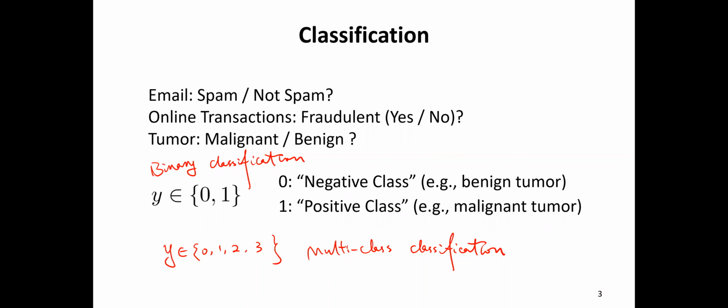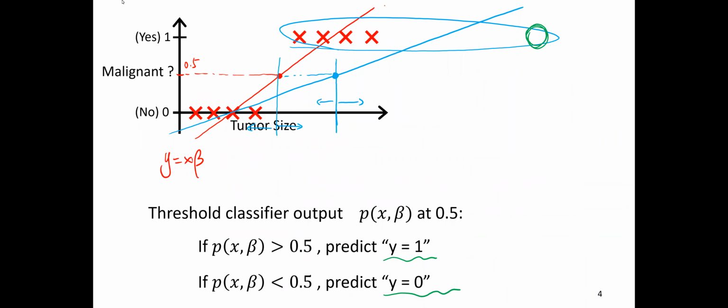Now let's move on. In this case, the x-axis is tumor size, and the y-axis is, we want to build a classification model to classify yes or no based on the tumor size.